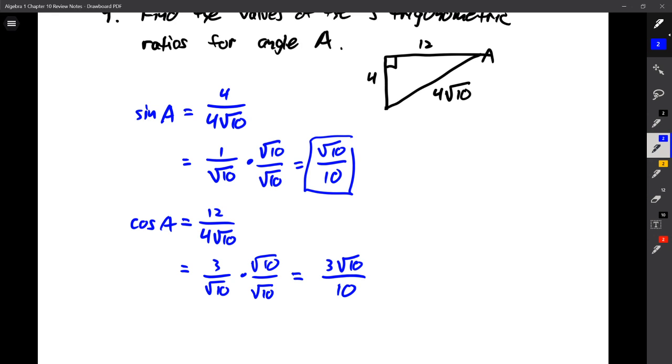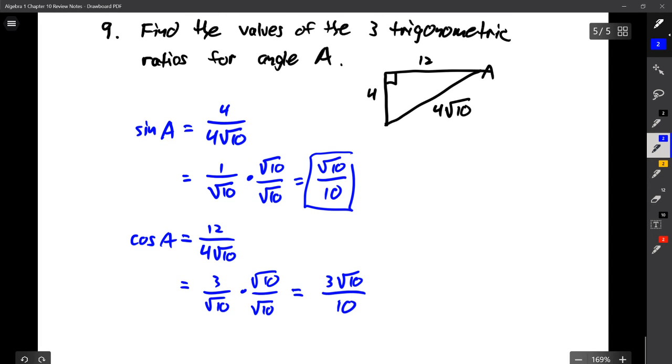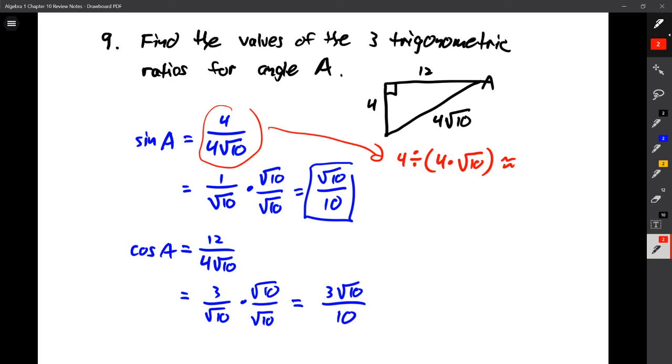Again, if you want to make sure that you did this correctly, you can use your calculator and you can start with this fraction here. And on your calculator, do 4 divided by parentheses 4 times square root of 10. And what you get is approximately 0.316.